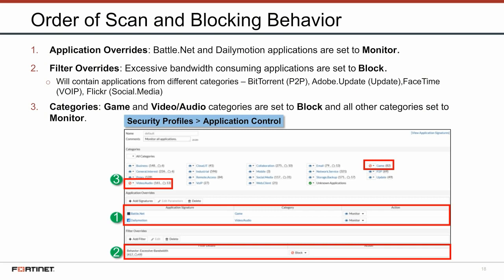Also, web filtering doesn't check the list of application control overrides, so even if an application control override allows an application, web filtering could still block it. Similarly, static URL filtering has its own exempt action, which bypasses all subsequent security checks. However, application control occurs before web filtering, so that web filtering exemption cannot bypass application control.